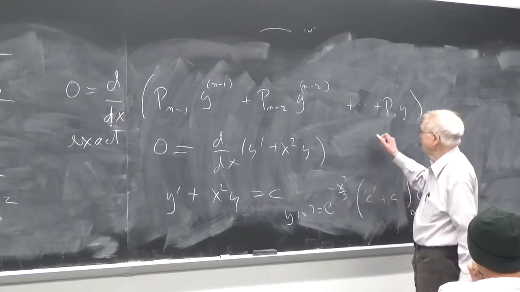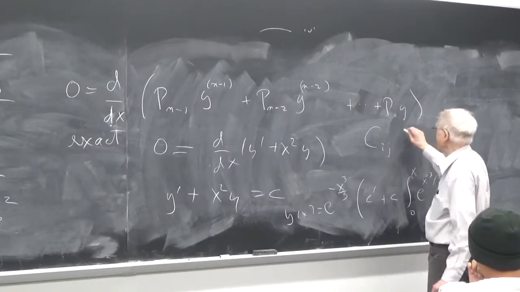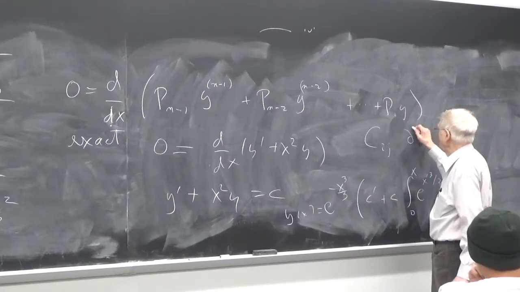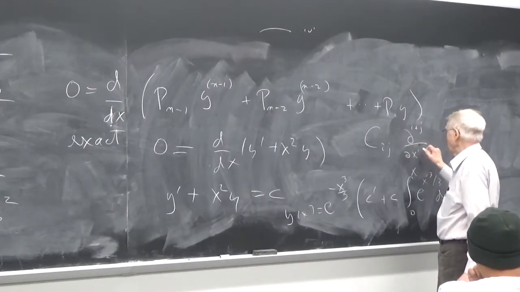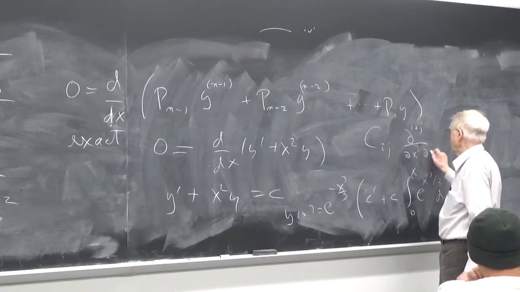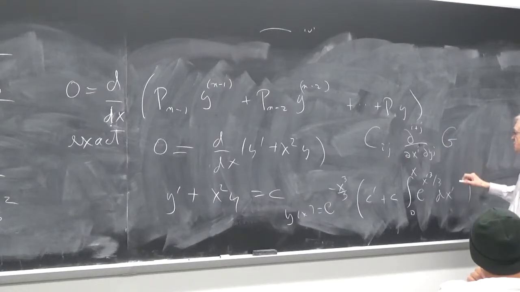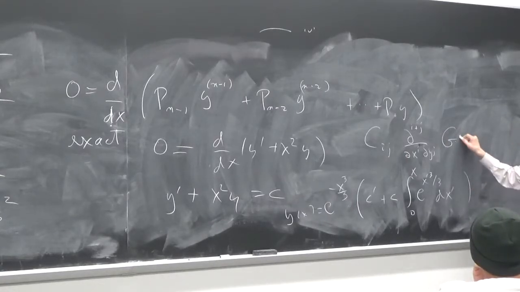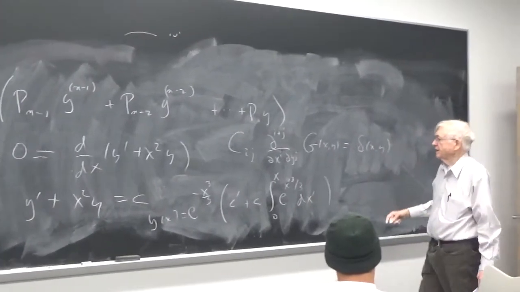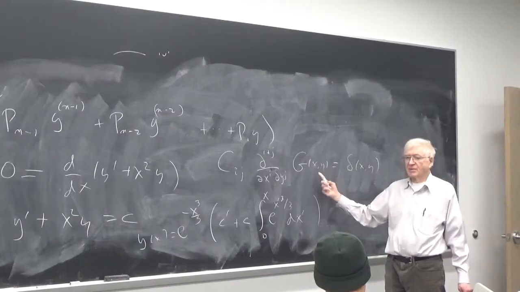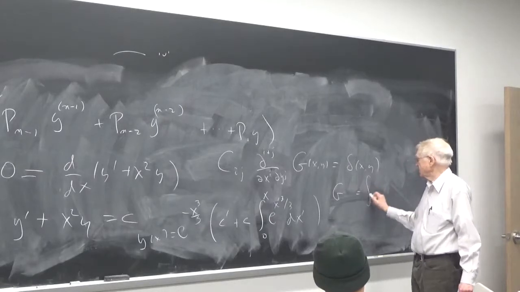If you have just various constants c_ij, say, sum of c_ij partial x to the i partial y to the j acting on g of xy, and we want to write that as delta of xy. You write this as a Fourier transform, and the g would be an integral.